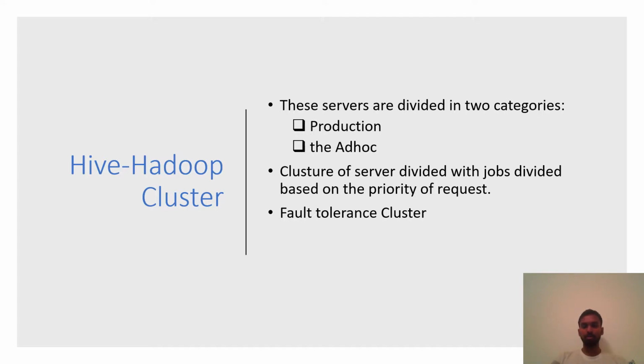This cluster is basically made over the Hadoop cluster. It is a fault-tolerant cluster, where a cluster is basically a group of servers. It could be hundreds or maybe thousands of servers.